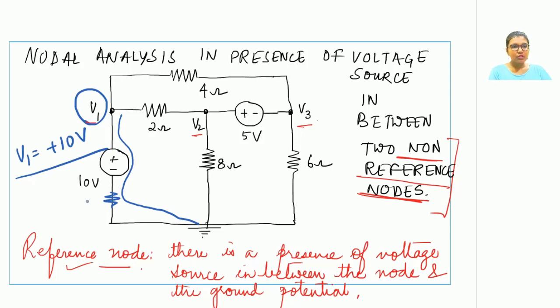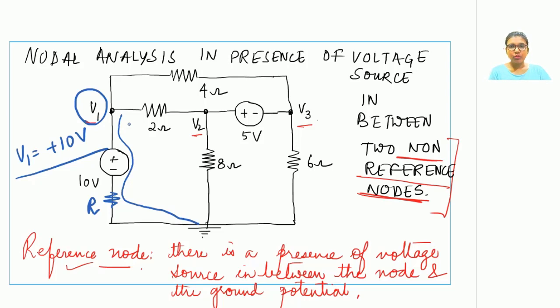With the presence of this resistor R in series with the voltage source, will this node V1 still be called a reference node? No. It won't be called a reference node. For the node V1 to behave as a reference node, there has to be a voltage source only. The presence of any other element in series or in association with the voltage source will prevent V1 from being called a reference node. I hope this part is clear.